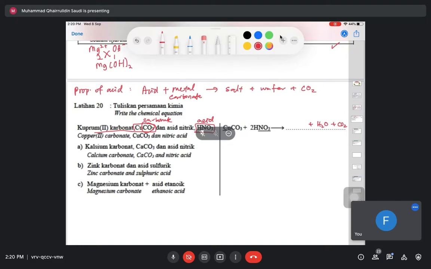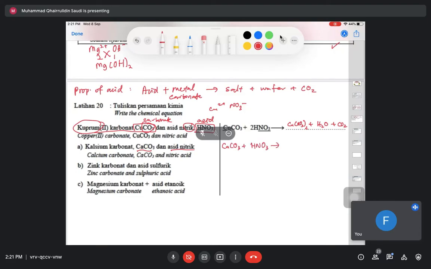The salt will be copper nitrate, Cu2 plus, NO3 minus, so it will be Cu(NO3)2. Check whether it's balanced. 2H, 2 nitrate. Alright, it's balanced. Next, calcium carbonate and nitric acid. CaCO3 plus HNO3.